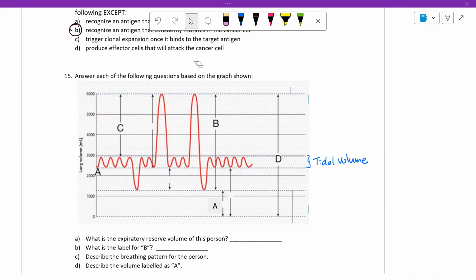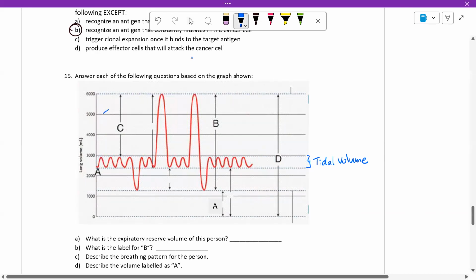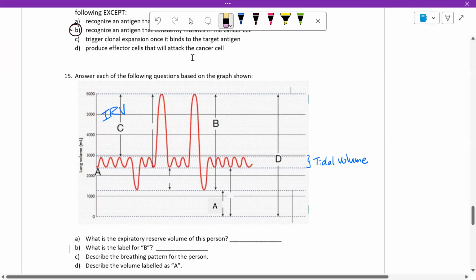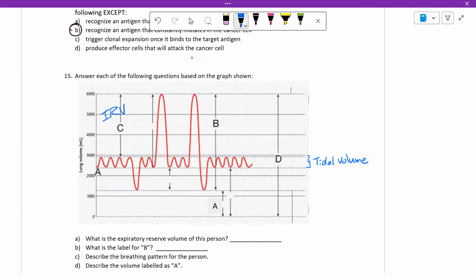If we inhale as much as we can beyond our normal respiratory volume, that is the inspiratory reserve volume. So the question here, A, asks, what is the expiratory reserve volume of this person? That's right here, ERV. So we can try to calculate it.